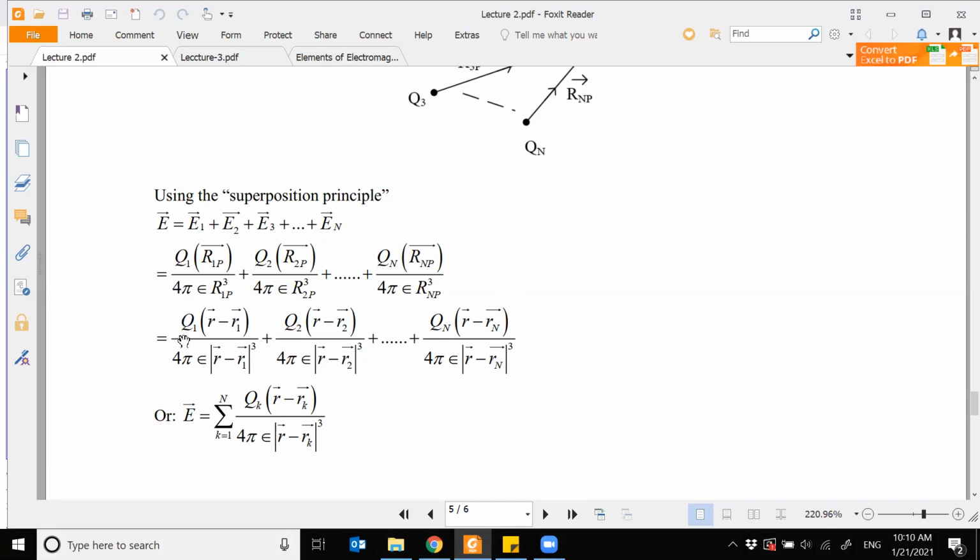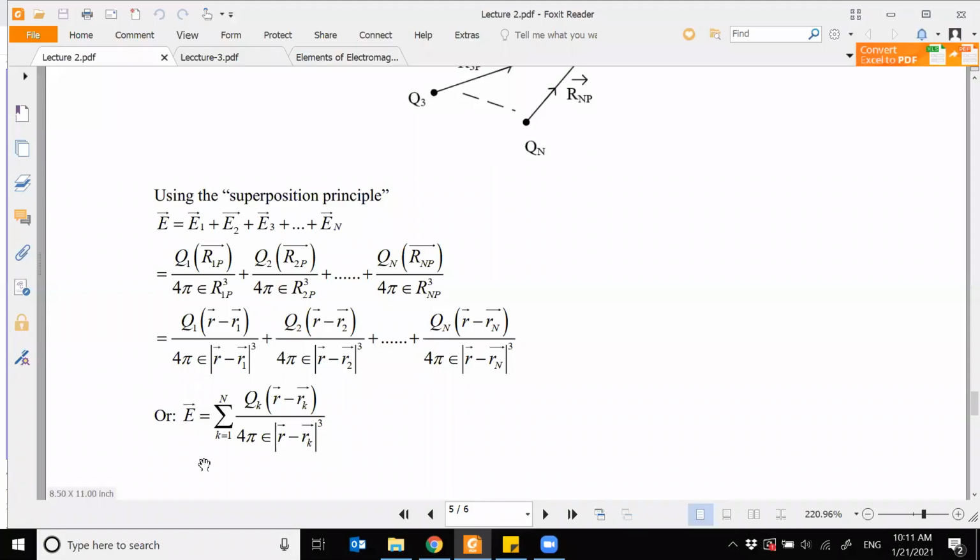And now we can write it as a summation. So this is equal to the summation, if I have n charges, from 1 to n of Qk (R bar minus R bar k) over 4 pi epsilon times the modulus of R bar minus R bar k cubed.